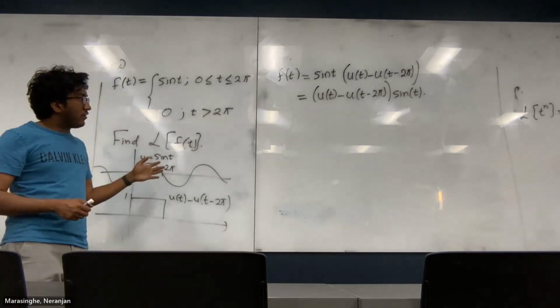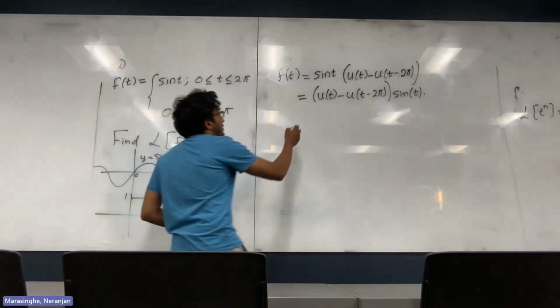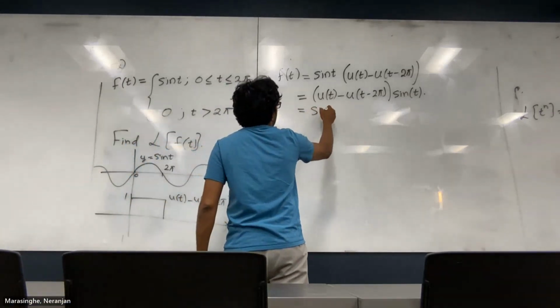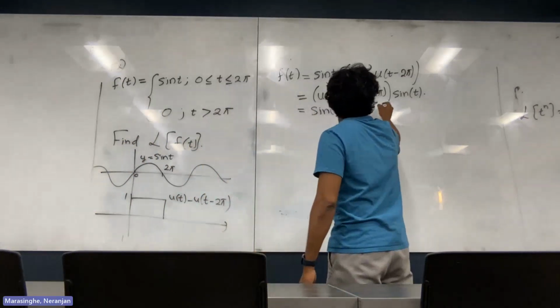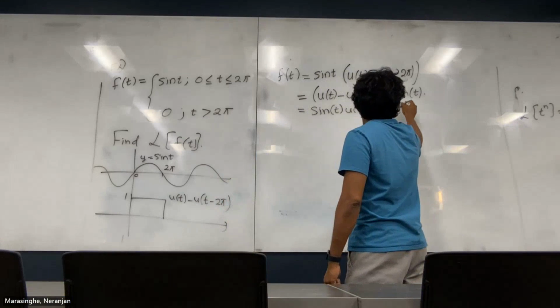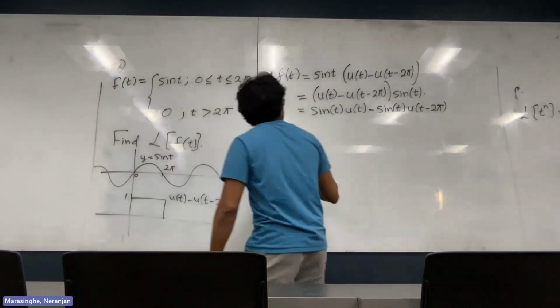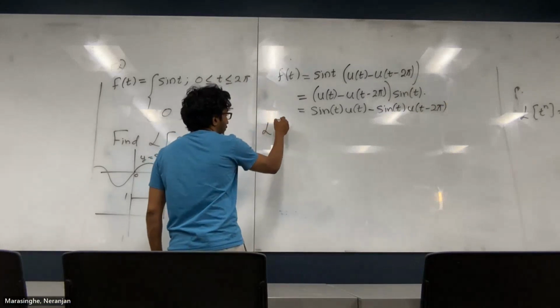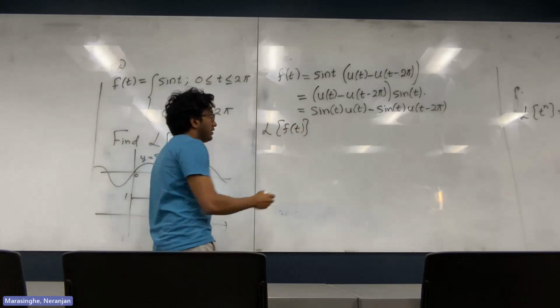Now let's apply the Laplace transform to both sides. So this is sine t times u(t) minus sine t times u(t minus 2 pi). Then I would apply the Laplace transform to both sides, and I would get the Laplace transform of f(t).